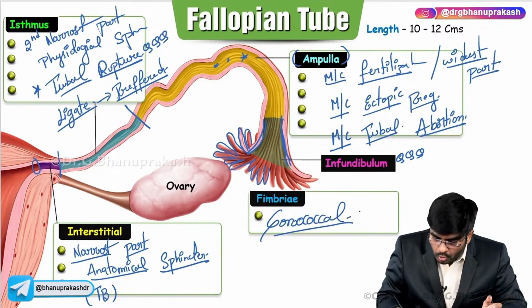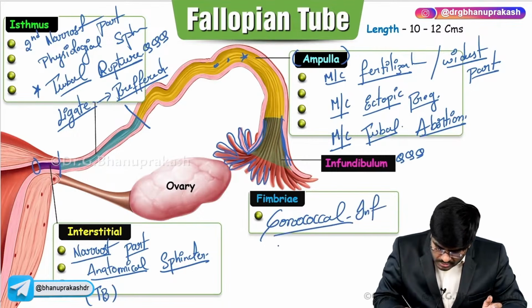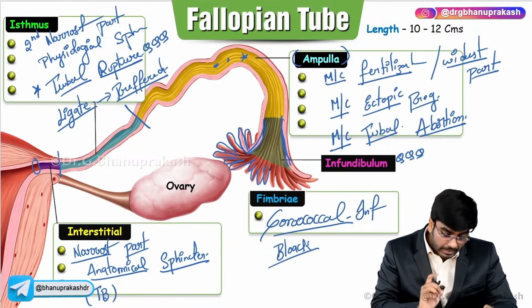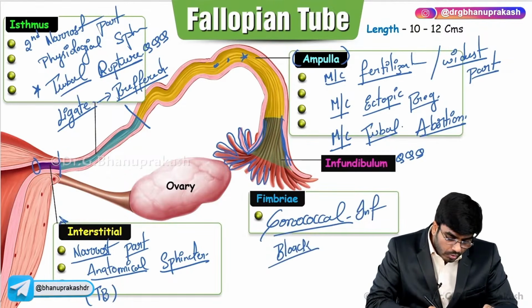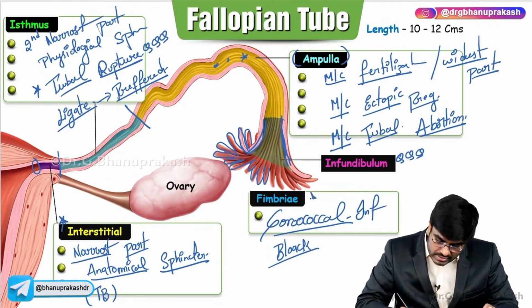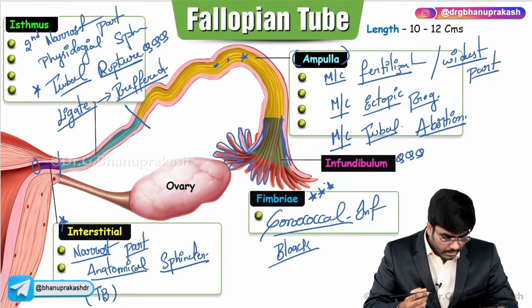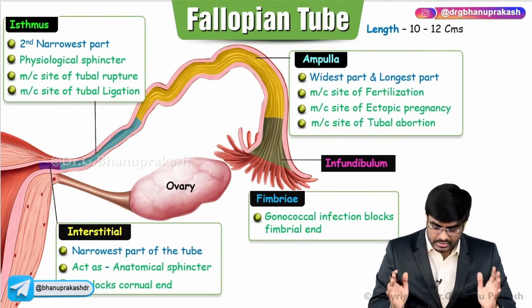Very, very important. TB causes a block in the cornual end. Gonococcus causes a block in the fimbrial end. Okay. Now please concentrate on these important points.